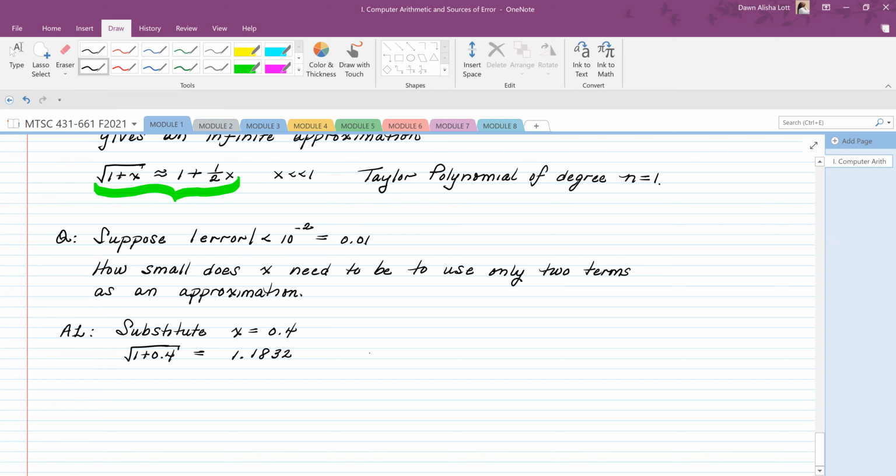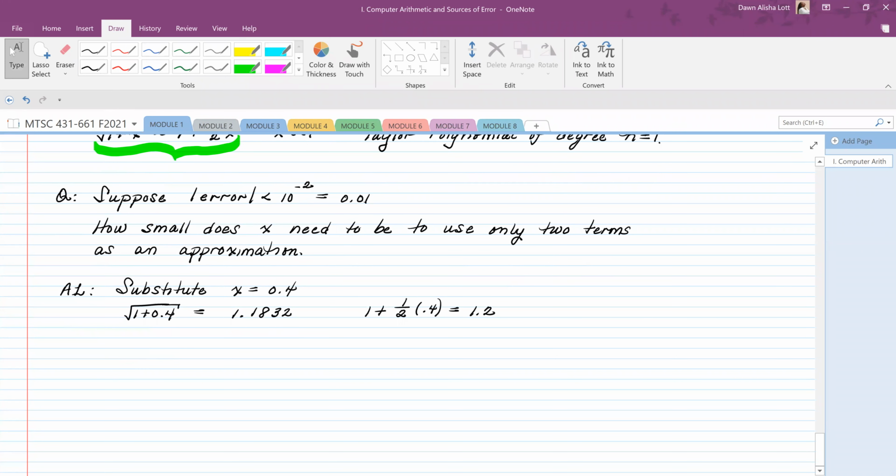And 1 plus 1/2 of 0.4 is 1.2. So now if I look at the error, it's the absolute value of 1.1832 minus 1.2, and that is 0.016.